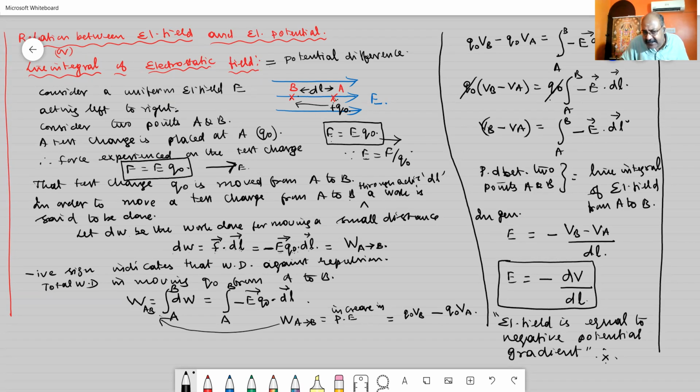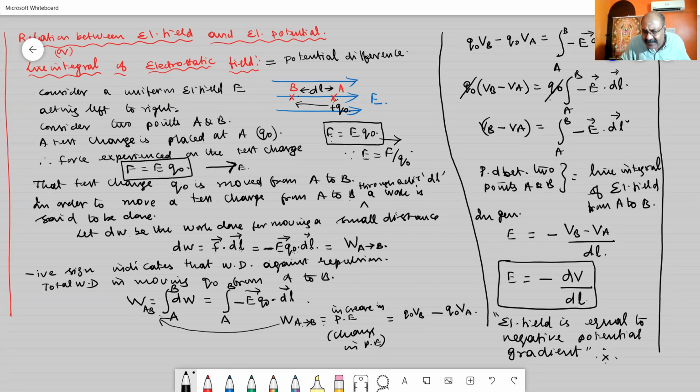Now, what is this work done? Work done in moving the test charge from A to B is nothing but the change in potential energy, or increase in potential energy. The increase in potential energy is the final potential energy at B minus the initial potential energy at A. Final potential energy at B is Q naught into VB, and initial potential energy at A is Q naught into VA.